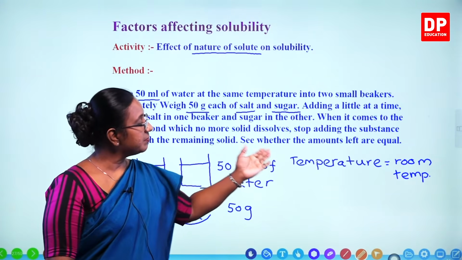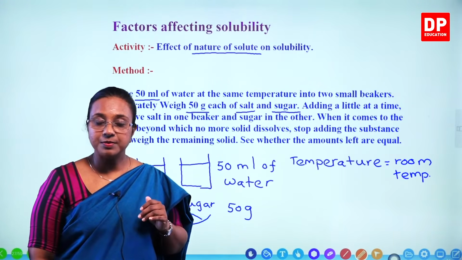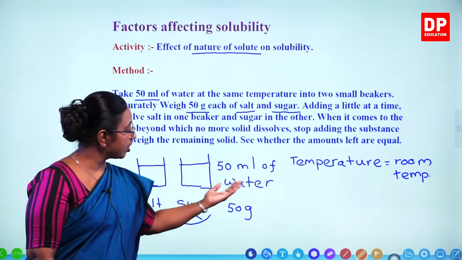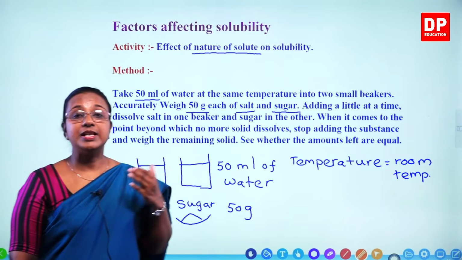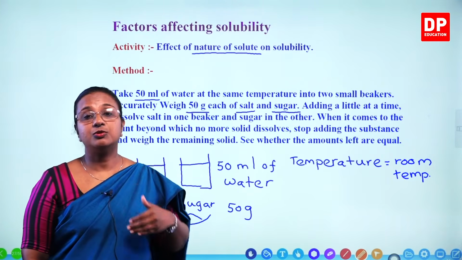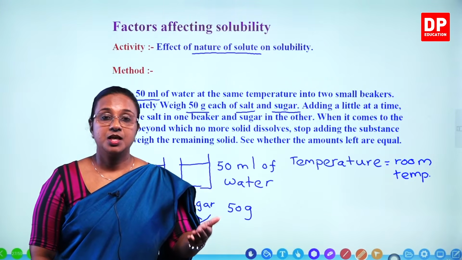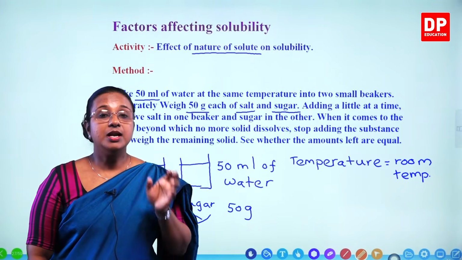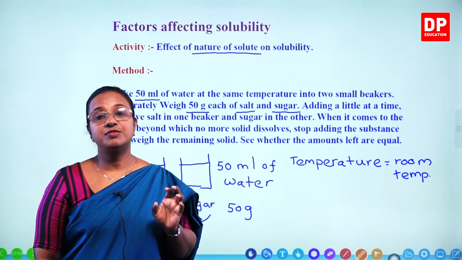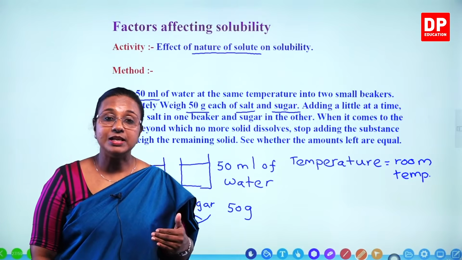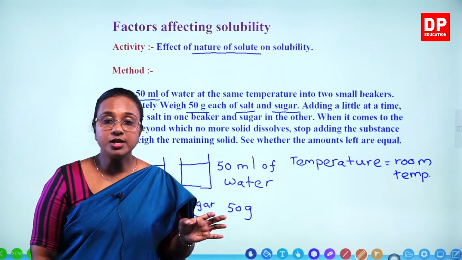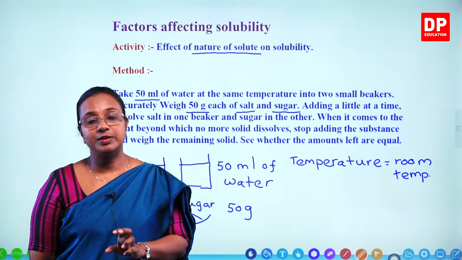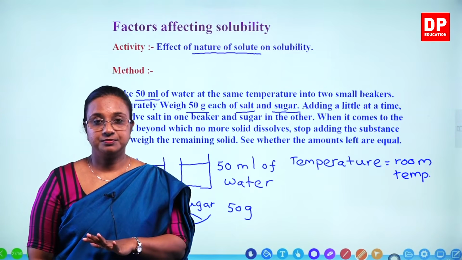So at the same temperature, that is the room temperature, in the same solvent, 50 milliliters of water, more sugar will dissolve compared to salt. Therefore, depending on the nature of the solute, the solubility will change. Solubility of salt is different from the solubility of sugar.